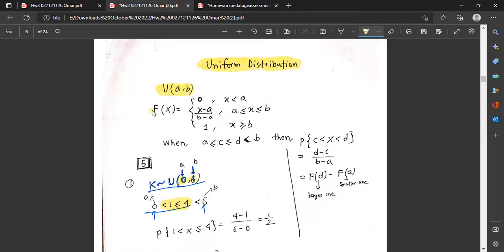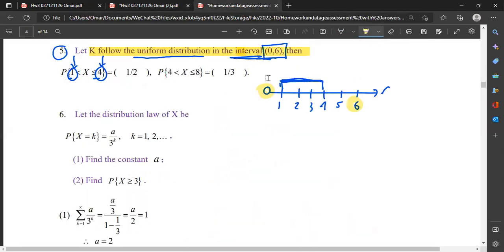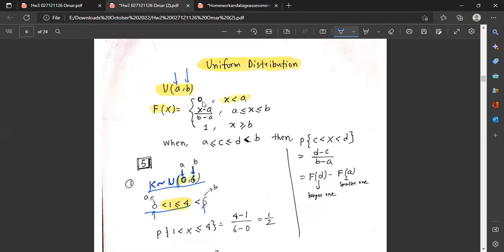And then the distribution function, it will be when X is less than A. So here A is the lower value and B is the upper value, okay? As you see, the interval here is 0, 6. So when X is less than A, then there is no value, right?